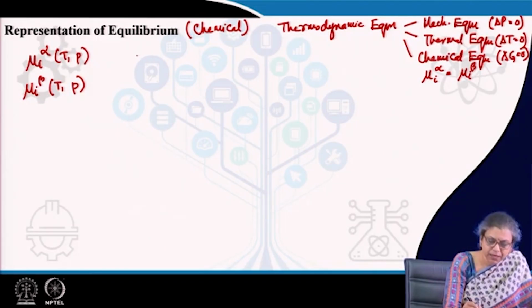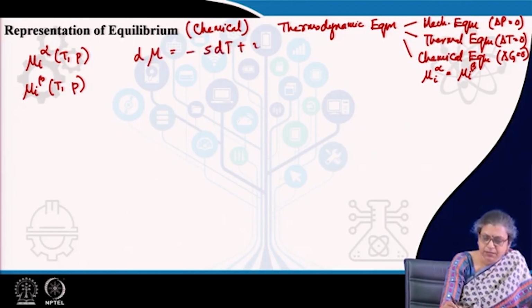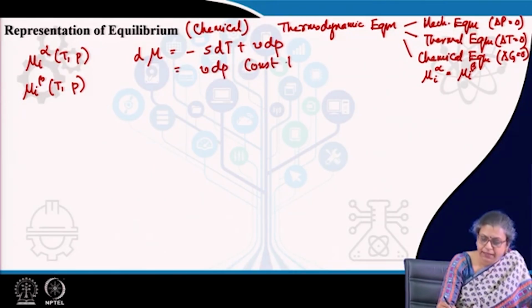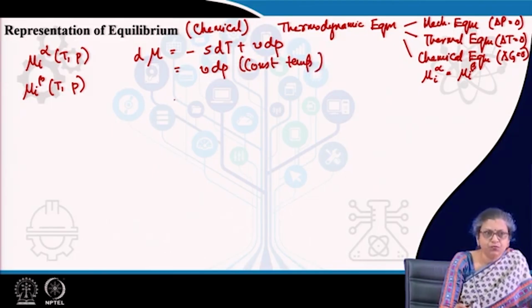Now, you must be recollecting that for a pure component d mu equals minus S dT plus V dP. So, at constant temperature, d mu equals V dP.